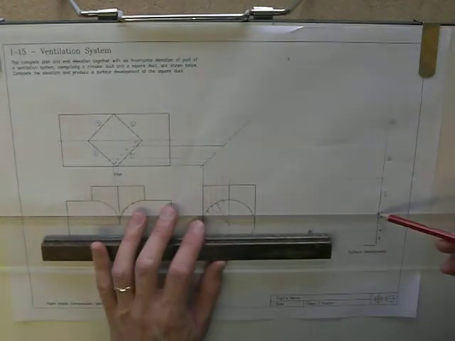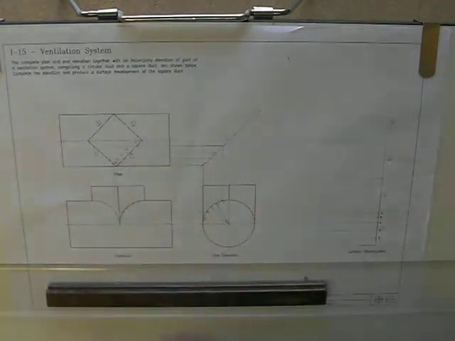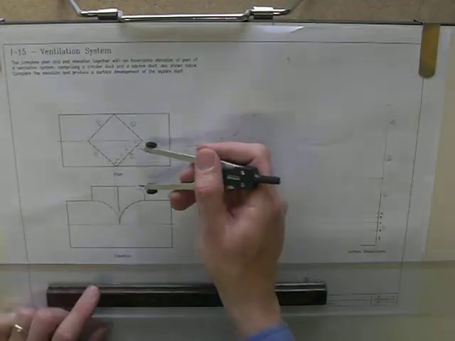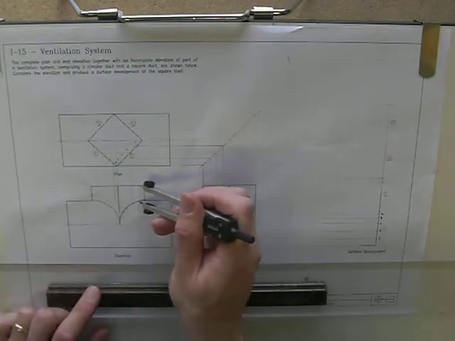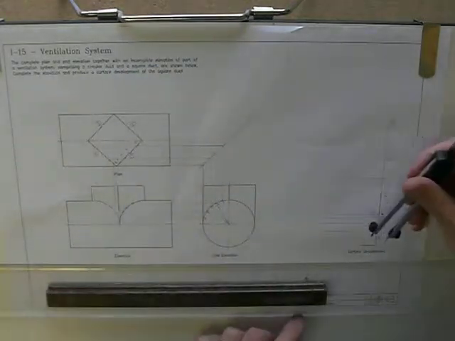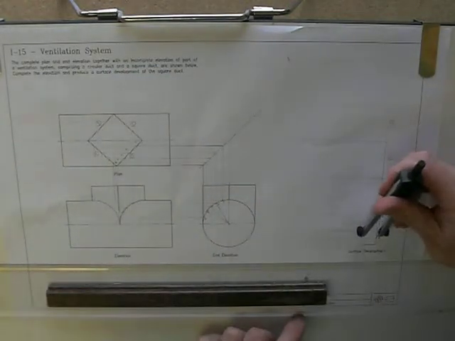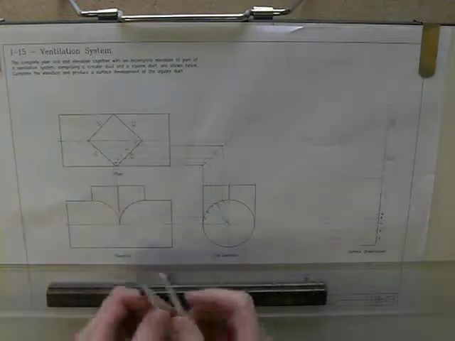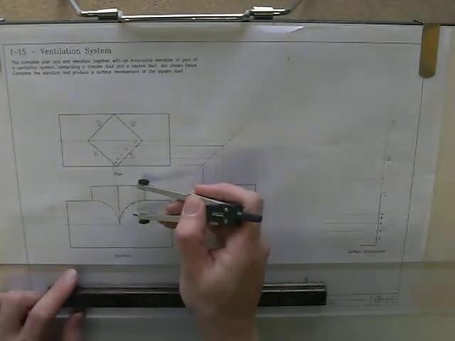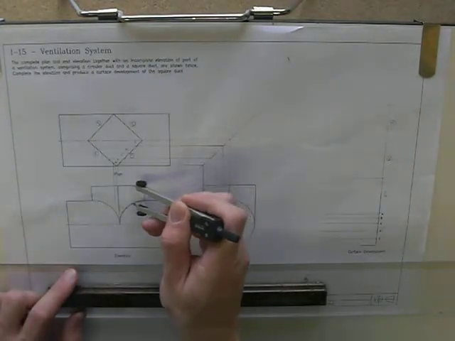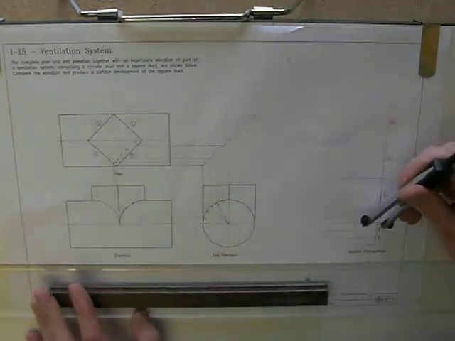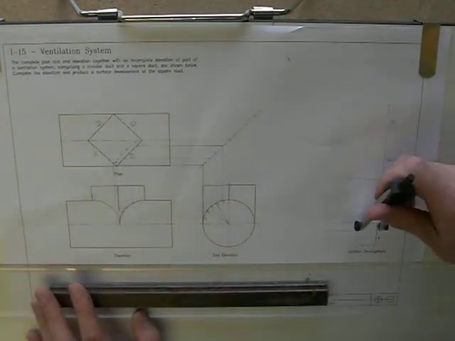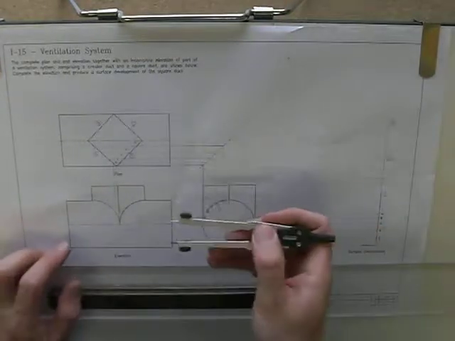the lengths. Okay, so what length is E? Well, there's E there coming down, so it goes from there to there, so mark that one here. What length D? Well, we'll measure from here to here for D and mark it on. And I think you can see what I'm doing, hopefully.